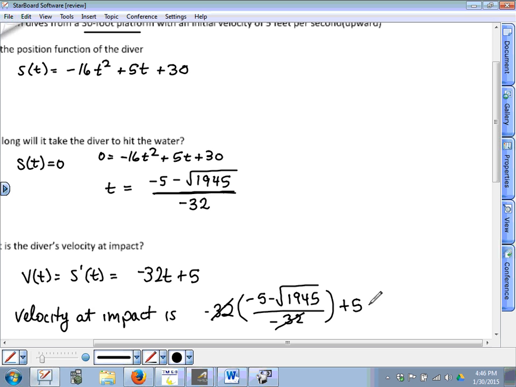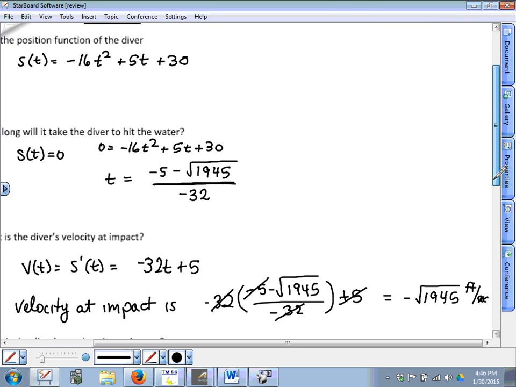And then the negative and the positive 5 will cancel. So it would be negative 1,945 feet per second. And again, it makes sense that the velocity is negative because the diver is traveling towards the water.